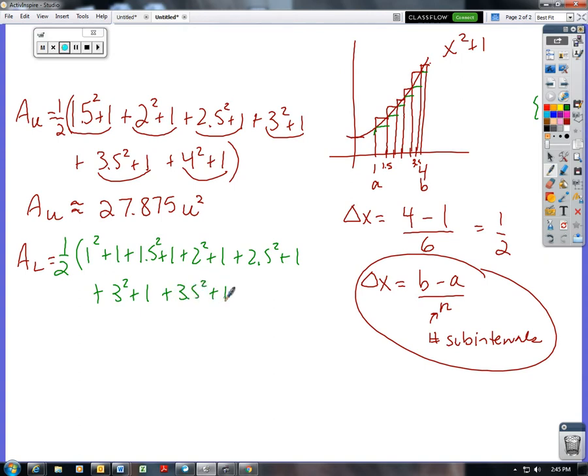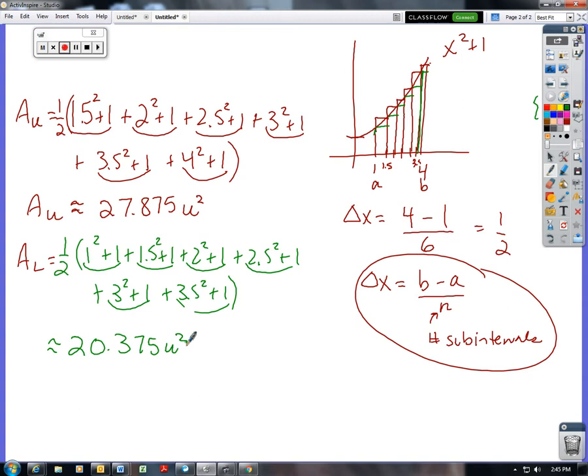These green ones: the final rectangle's height is based on 3.5, so you don't have 4 squared plus 1. And then you can check again: 1, 2, 3, 4, 5, 6. I've got 6 rectangular areas there. Crunch the numbers, and I'm getting that it is about 20.375 units squared.